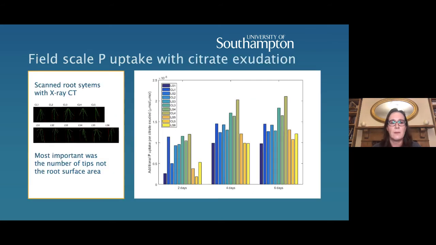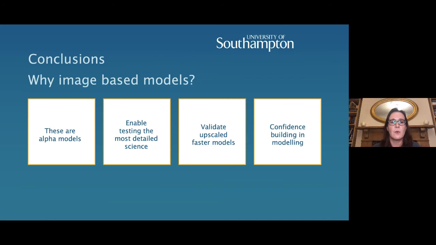So, conclusions I want to move on to. Why should we be doing image-based models? They are really quite labor-intensive models to do. In my mind, these are the alpha models.